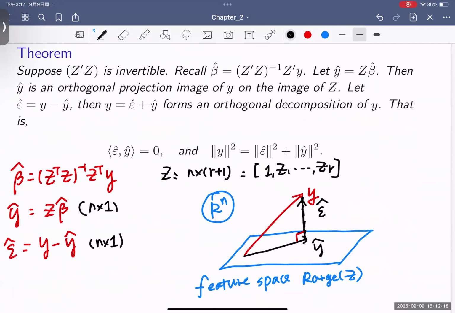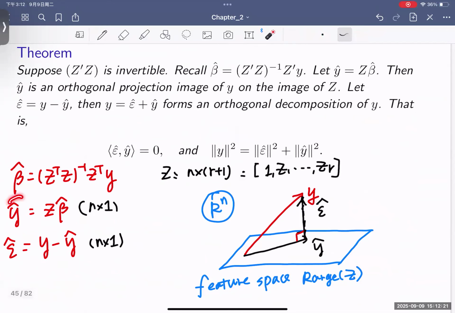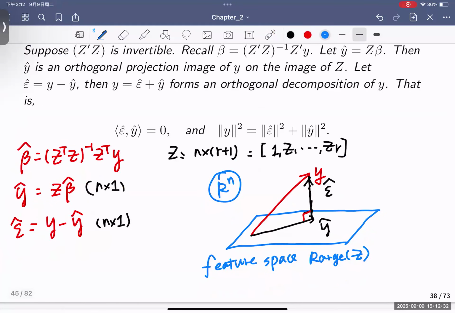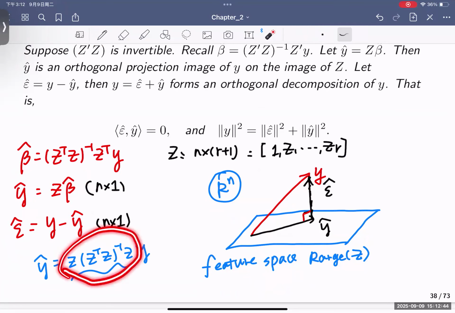So you can say that beta hat is just y times this component. If you look at y hat again, it is Z times this component times y. So y hat is Z times Z transpose Z inverse Z transpose of y. This term we have already shown is a projection matrix, so this is why we call it a projection. Y hat is a projection from y onto this part.